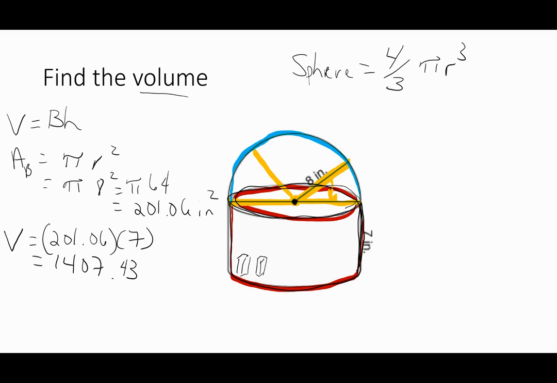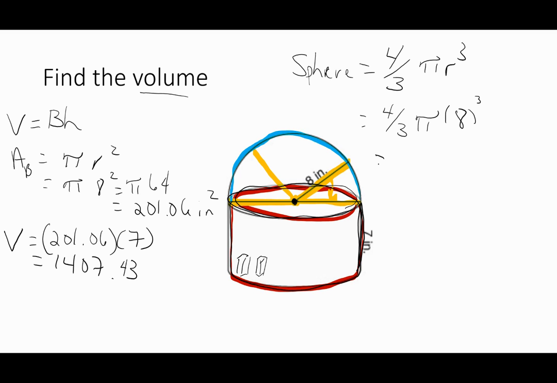Now we have half a sphere actually, so we're going to take our answer at the end and divide by 2. So 4/3 pi r cubed. What is r? Well, r is the same as what we used over here. The radius is 8. So this is 8 cubed.